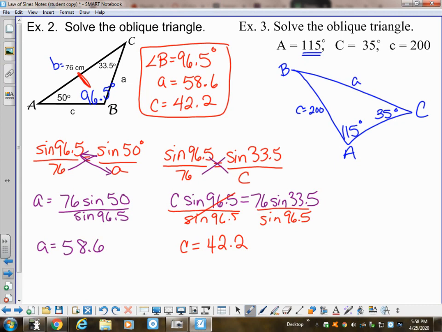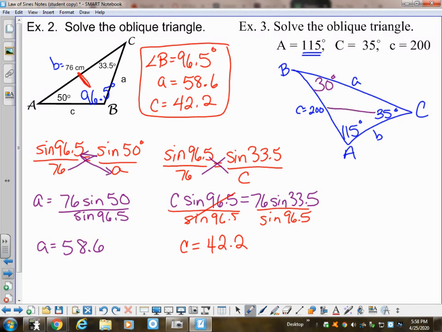So I've got to find little a and little b. First step, I need my last angle, which is angle B. So I am taking 115 plus 35, and I'm subtracting that from 180, and that's going to give me 30 degrees for angle B. Now what pairing do I have?